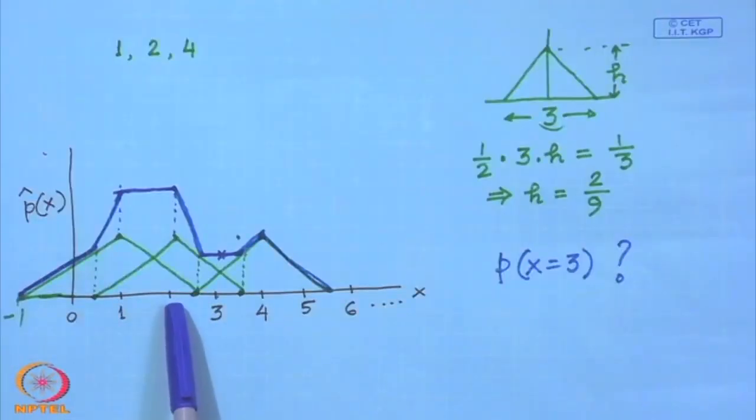Now, what will happen if I have multiple samples at a particular location? As before, if I have two samples at location x equal to 2, the height of that pulse I have to take is equal to 2. If I have a single sample at a particular location, the height of that pulse will be equal to 1, it will be a unit pulse. And if I have k samples at a particular location, the height of the pulse at that location will be equal to k.